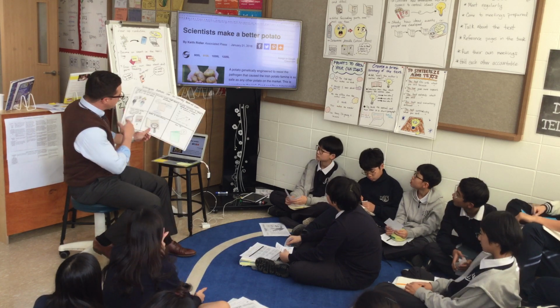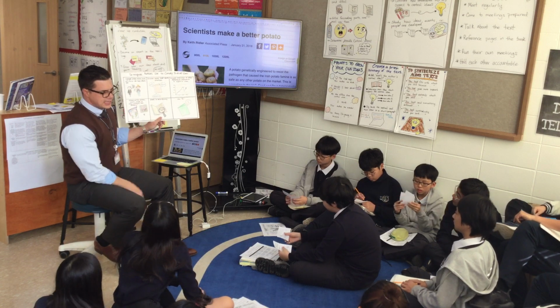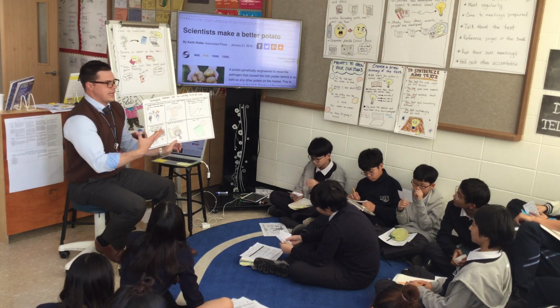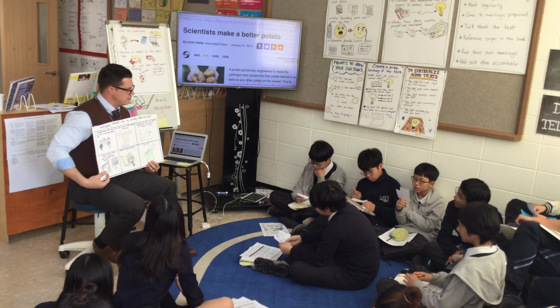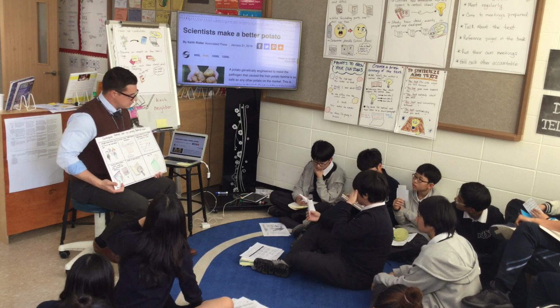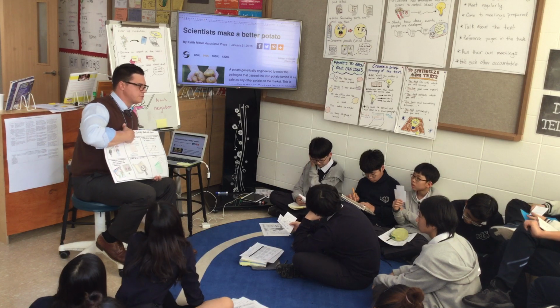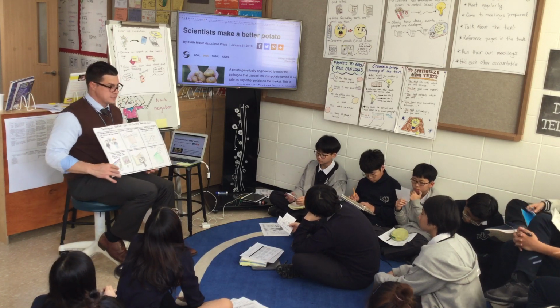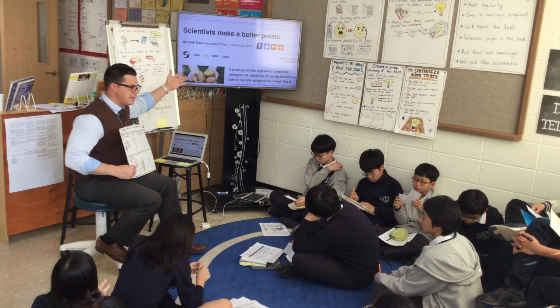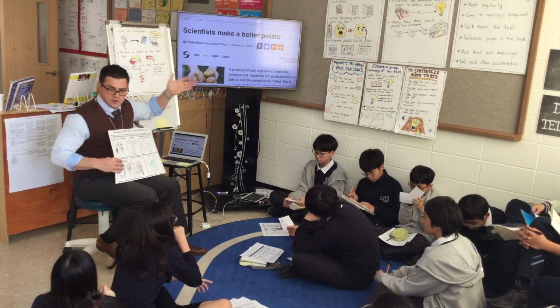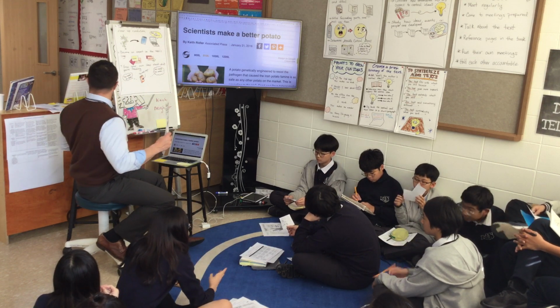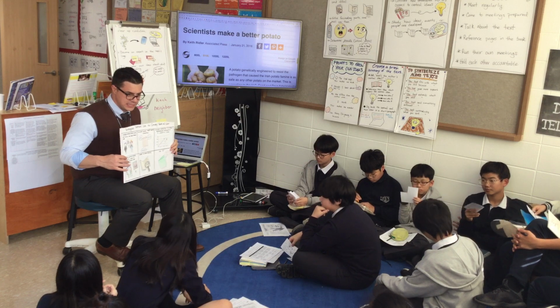So better. Now, which one of these is related to using a word that creates a feeling in the reader? Yeah, include words that spark emotions. Right? So it says better. So right from the beginning, we have an idea that this article is going to say the good things about GMO potatoes.